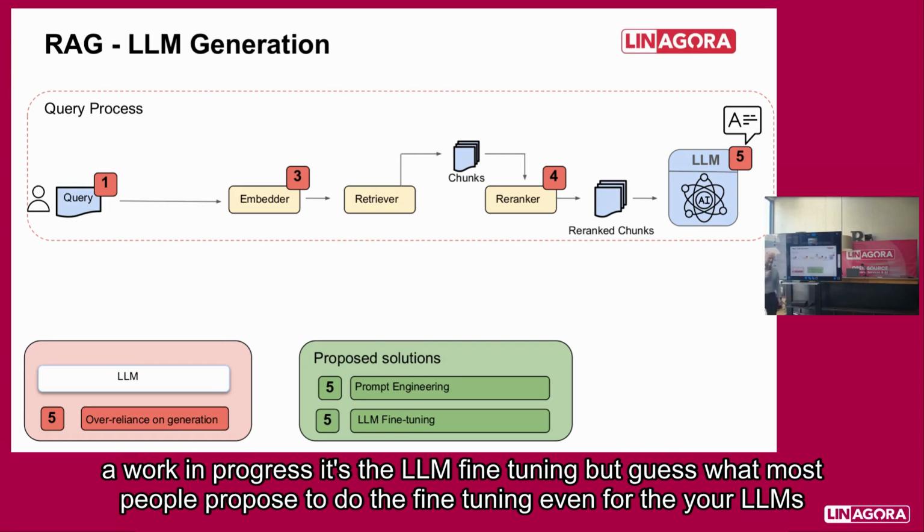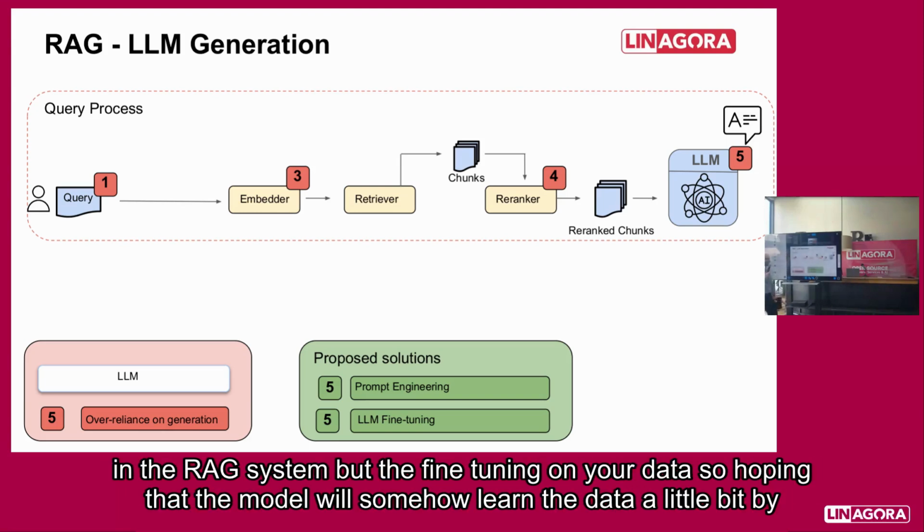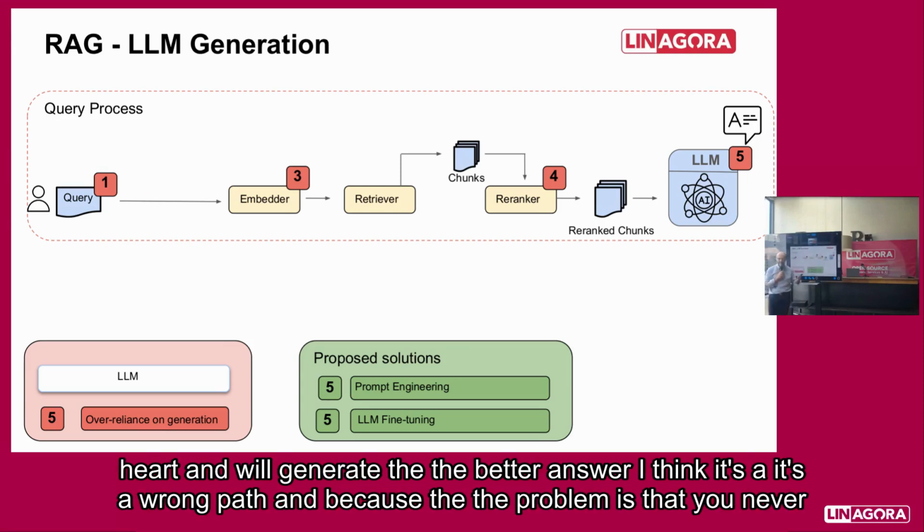Another part, which is work in progress, is LLM fine-tuning. But guess what? Most people propose fine-tuning the LLMs in the RAG system on your data, hoping that the model will somehow learn the data a little bit by heart and generate better answers.